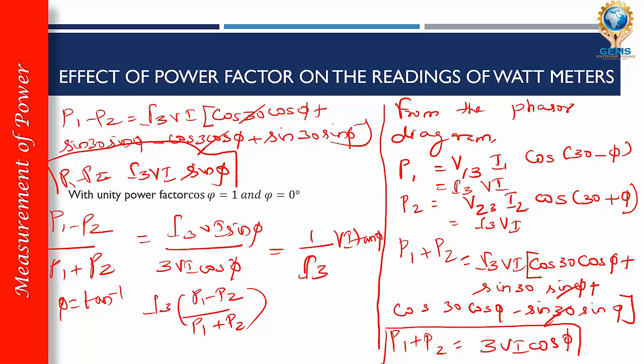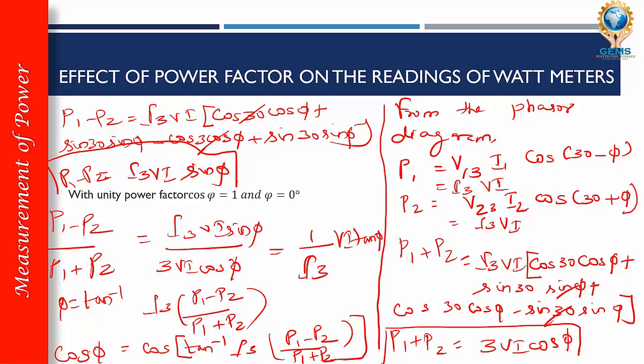So this is the angle, and similarly cos phi is nothing but cos of this angle, which is equal to cos of tan inverse of root 3 into P1 minus P2 divided by P1 plus P2. So this is the power factor.